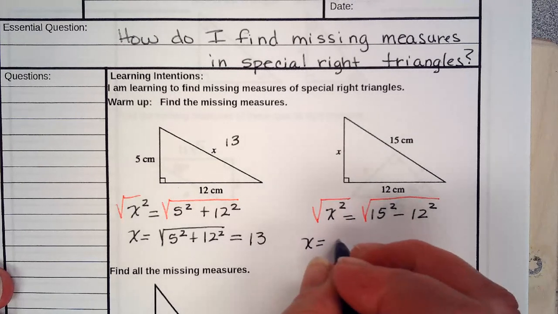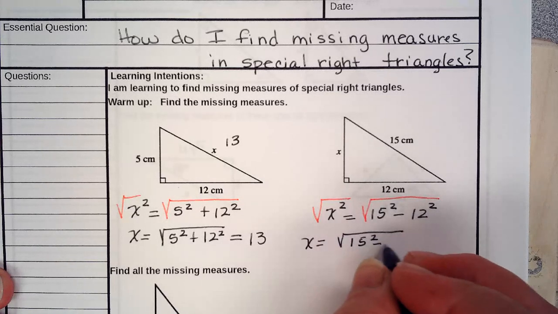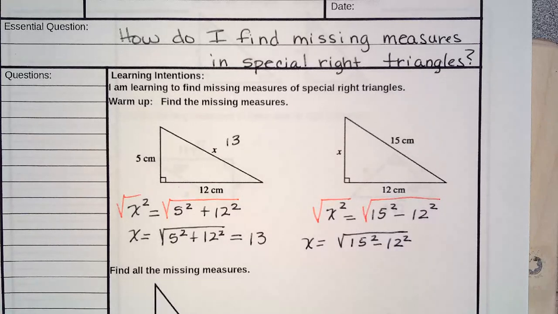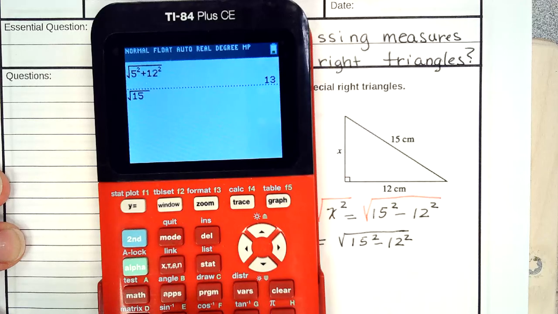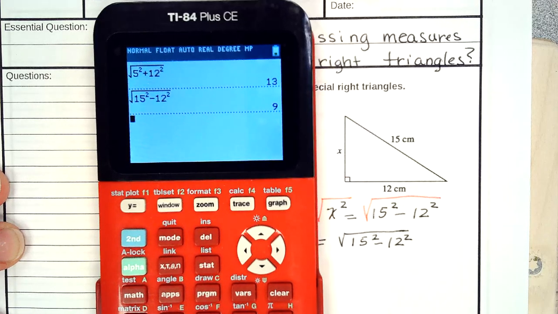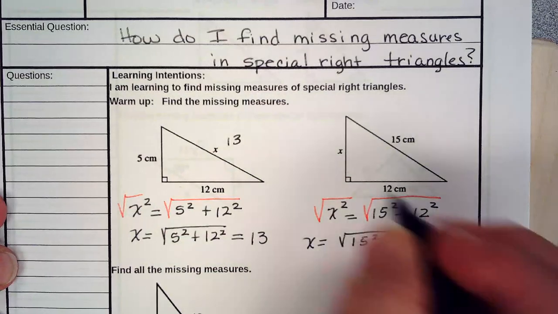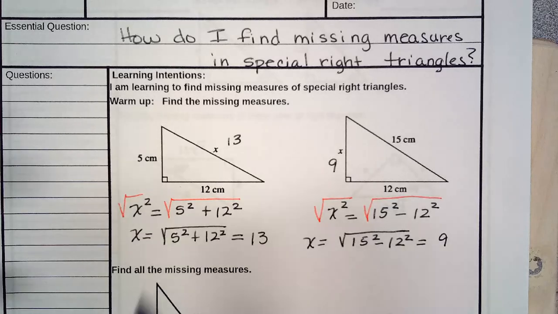X is equal to the square root of 15 squared minus 12 squared. This time it is 9. Once again, this is a Pythagorean triple because all 3 of the side lengths are whole numbers.